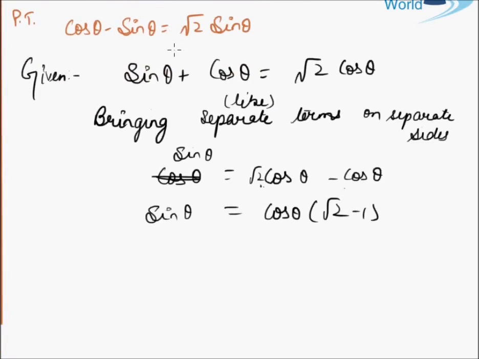In the to-prove part, we need under root 2 with sin theta. Cos theta has its coefficient as 1, but here the coefficient is under root 2 minus 1.